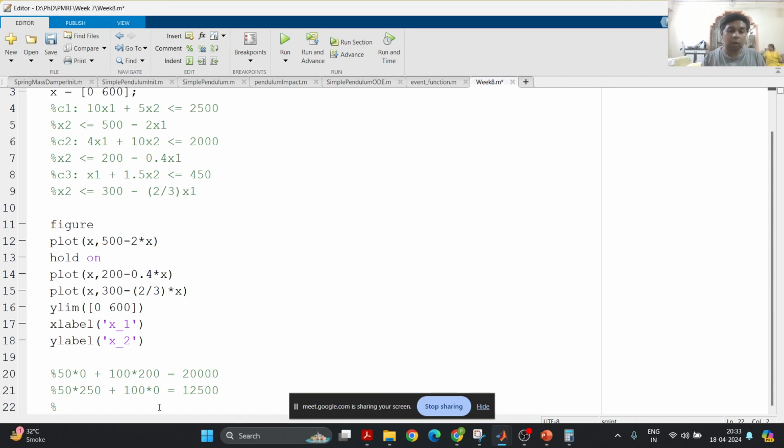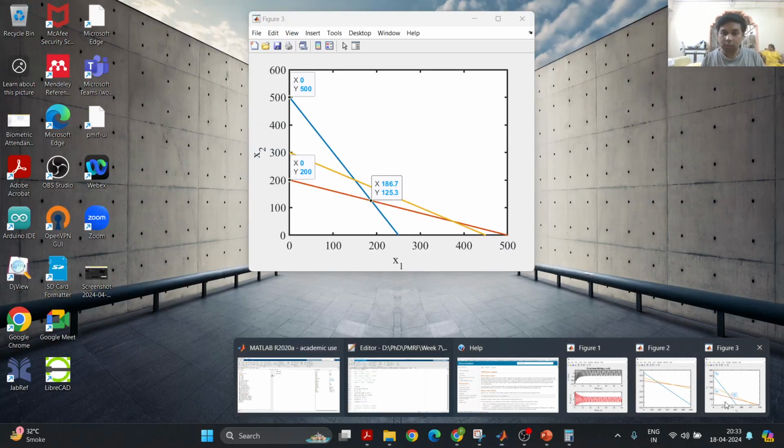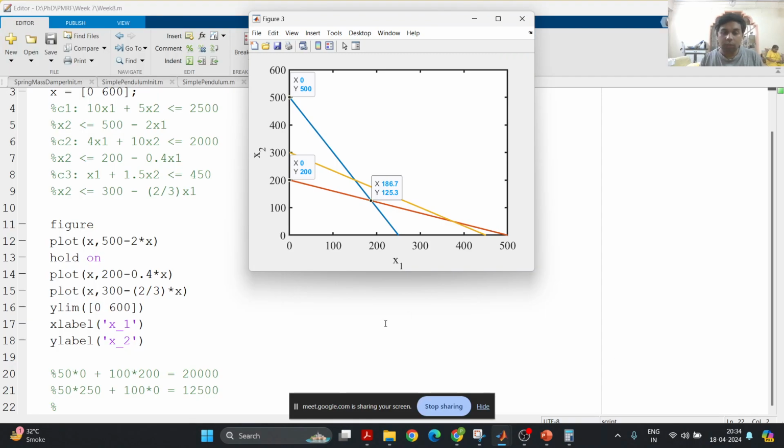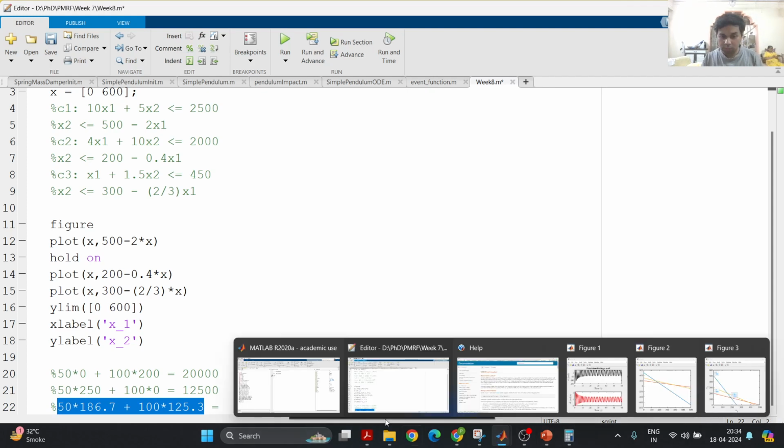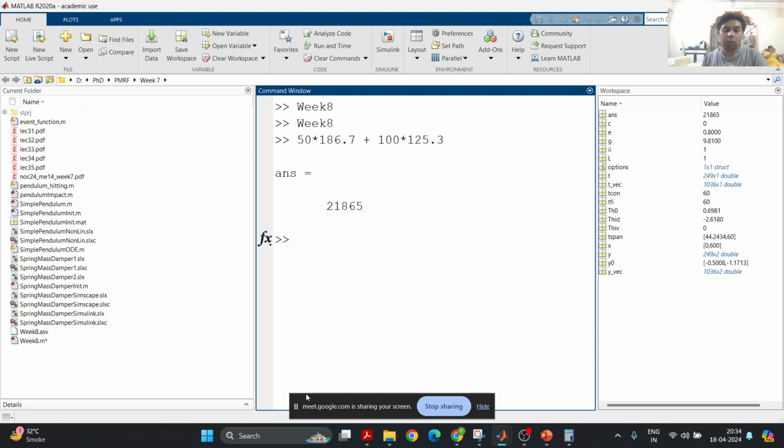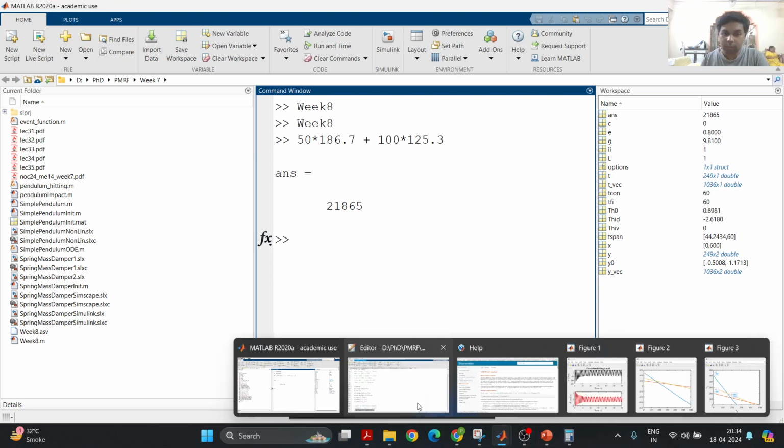And the third corner point will be 186.7 and 125, which gives 1865.